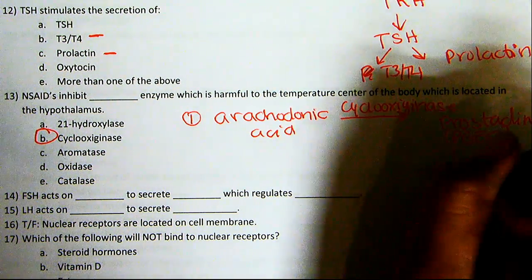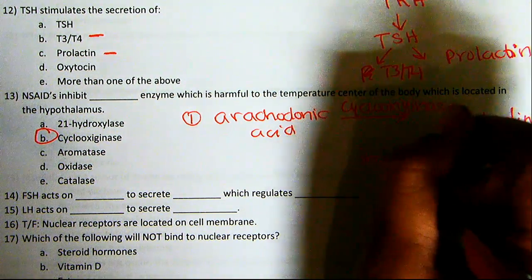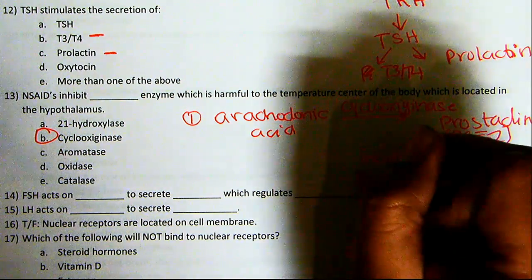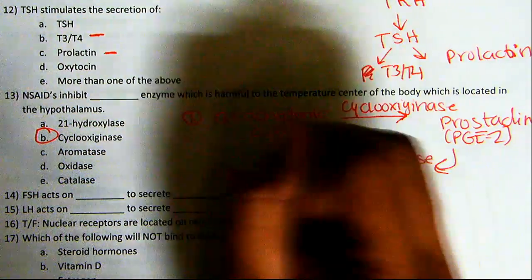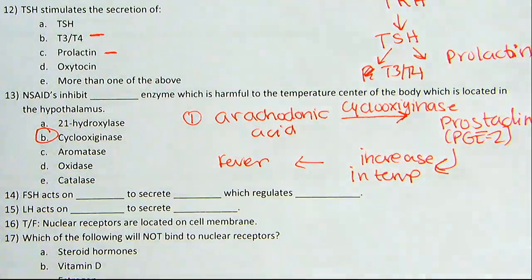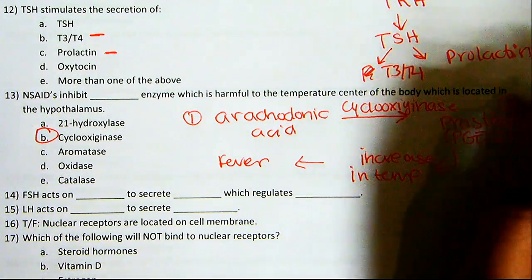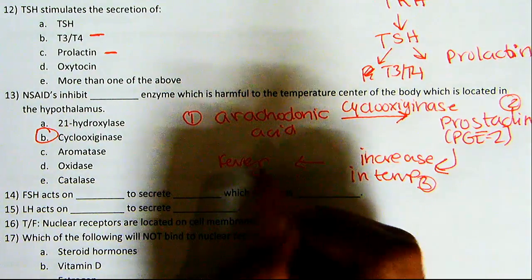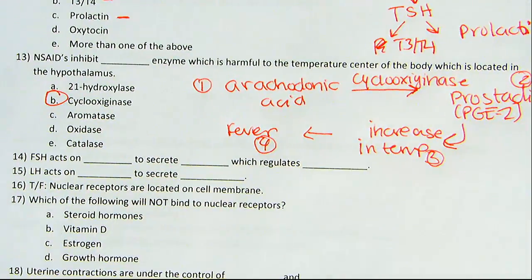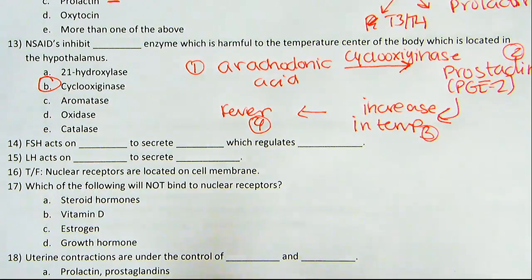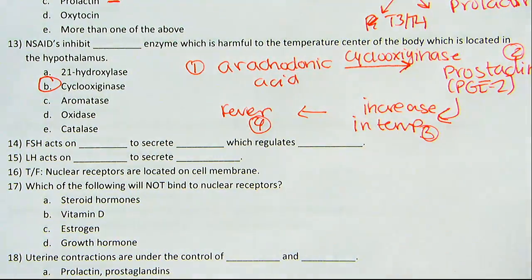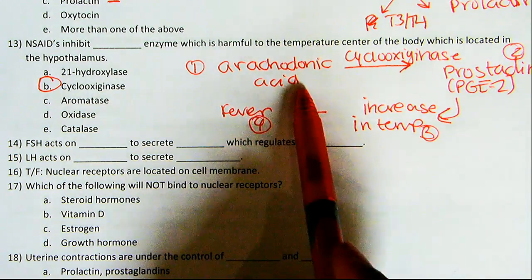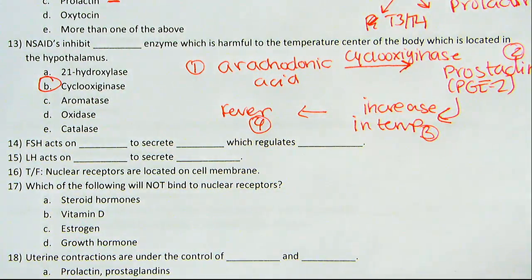This then causes an irritation in the temperature center, so an increase in temperature, and that leads to fever. So the non-steroidal anti-inflammatory drugs will be inhibiting this enzyme from converting arachidonic acid into the prostaglandin.